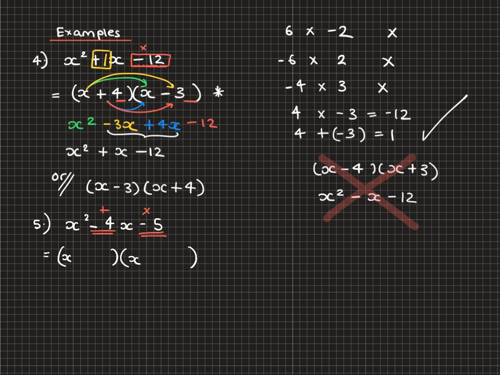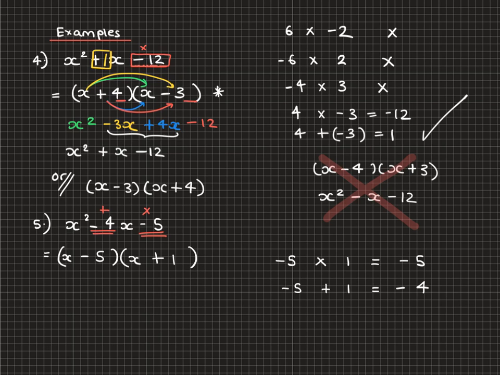So you should hopefully spot if you have -5 multiplied by +1, that will give you -5, and -5 add +1 will give you -4. That's the only combination that will work. So x minus 5 in one bracket and x plus 1 in the other bracket as ever.